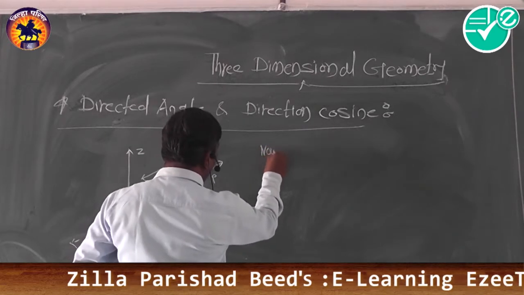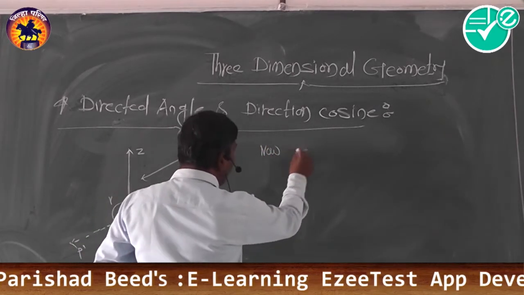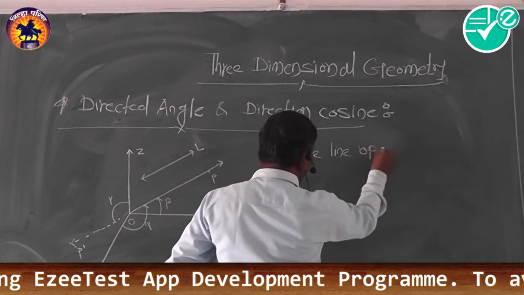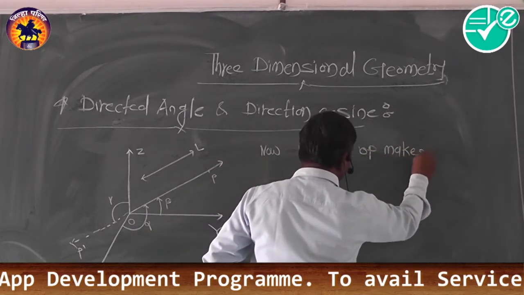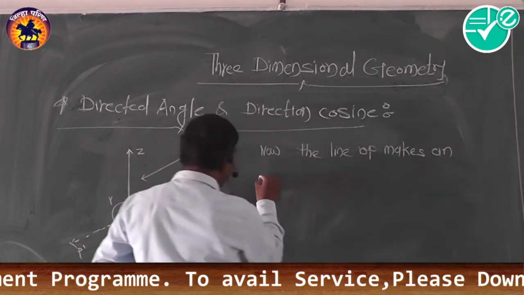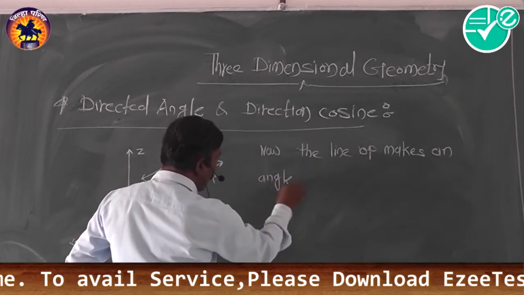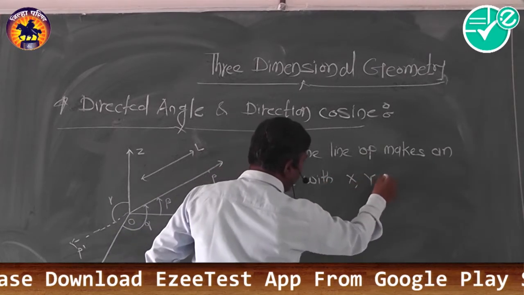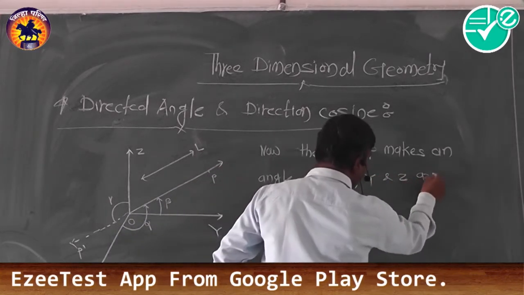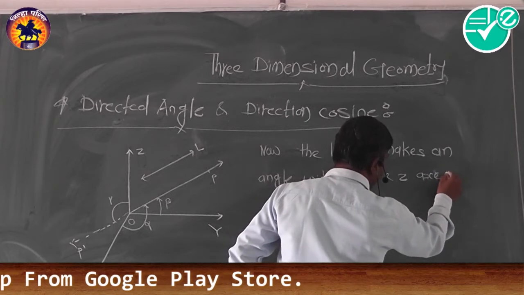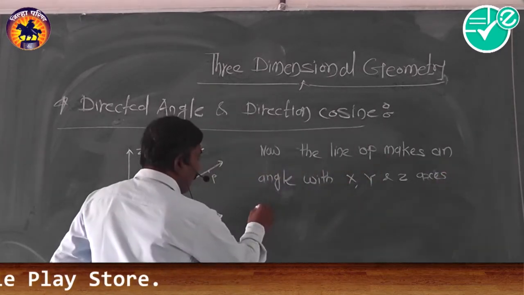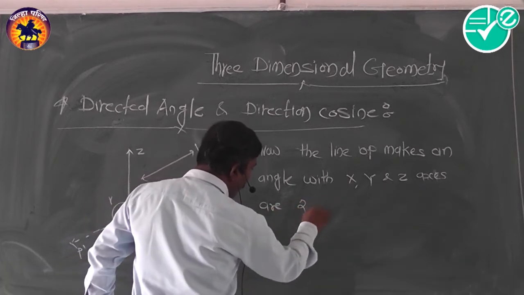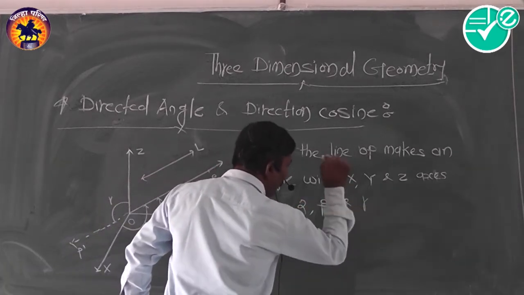Now the line OP makes angles with the x, y, and z axis, which are alpha, beta, and gamma.